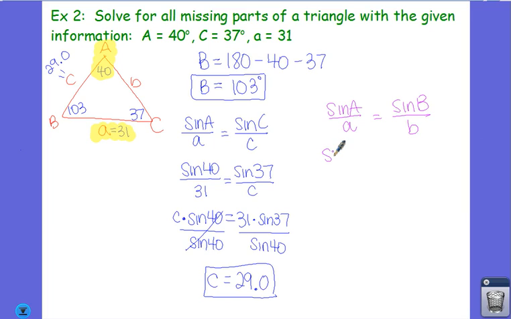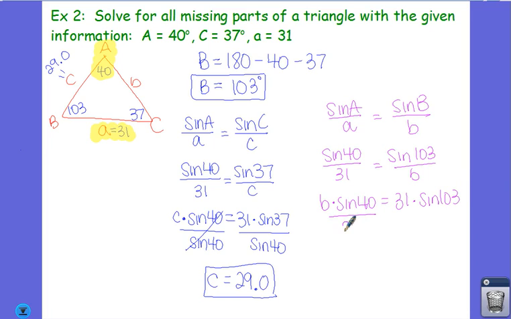So you should have had the sine of 40 over 31 equals the sine of 103 over b. You should have had b times the sine of 40 equals 31 times the sine of 103.